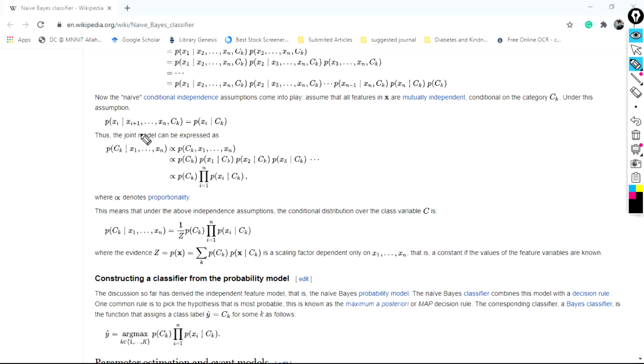If this is conditionally independent, then this probability will be written in this form.